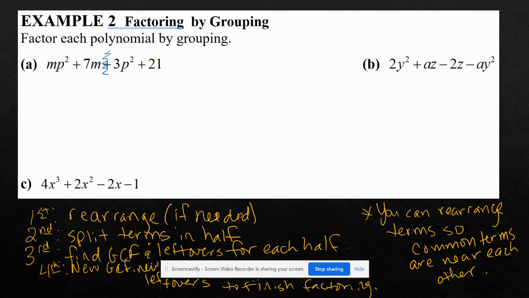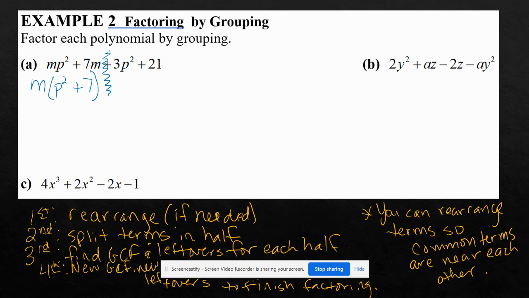So I'm going to go ahead and split this right down the middle. I start with the common factor on the left side of my split. Well, they both have an m. When I pull m out, I'm left with p squared and then a 7. So p squared plus 7.